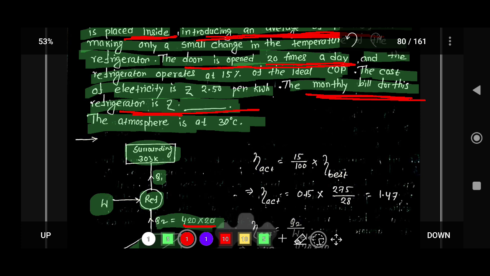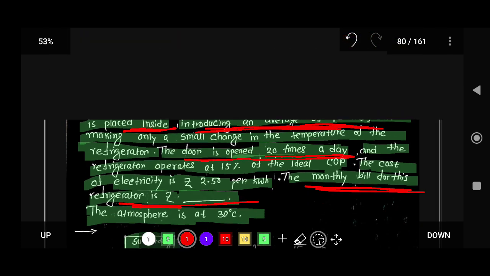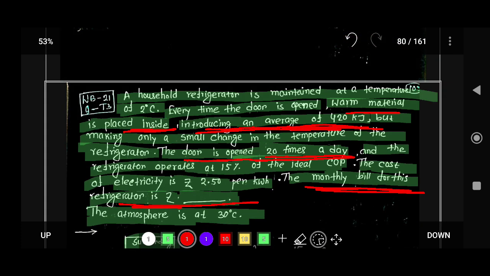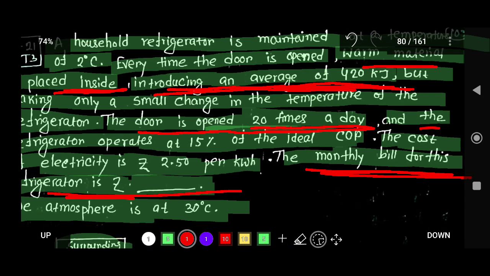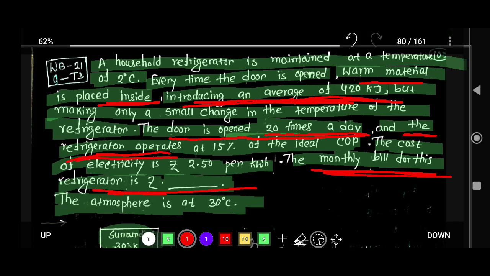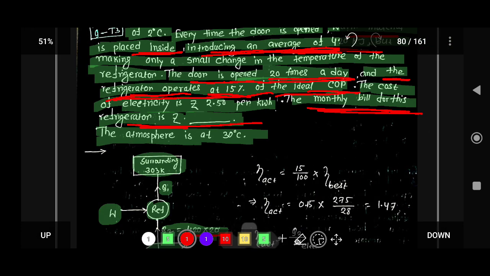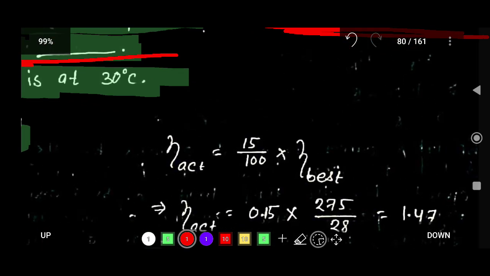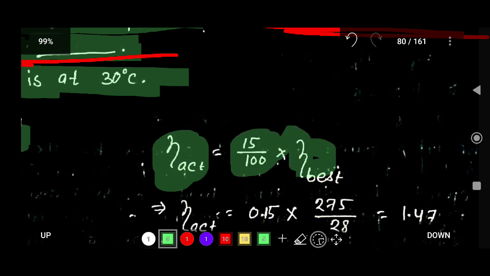Now what is given in this question? The refrigerator operates at 15% of the ideal COP. So you can say that the actual COP is equal to 15% of the maximum or best COP.